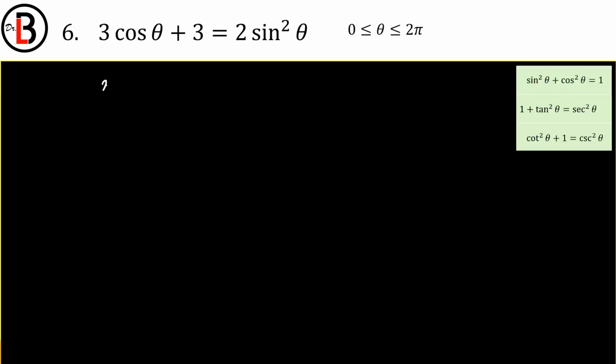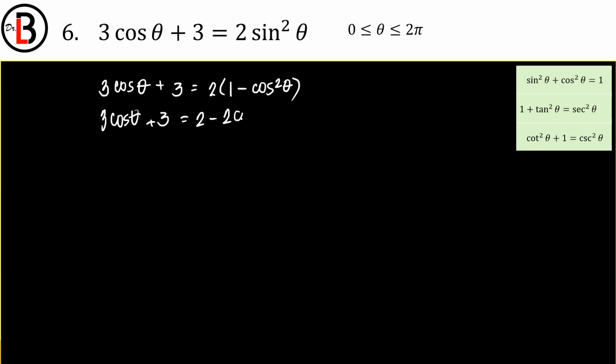So if I would want to change the sine squared, I can say this is basically 1 minus cosine squared theta. So it becomes 3 cos theta plus 3 equals 2 minus 2 cos squared theta.